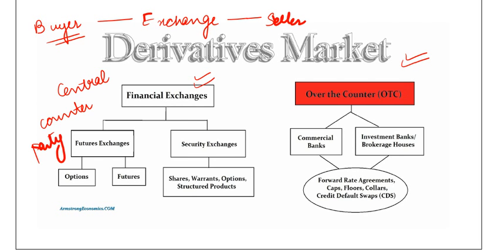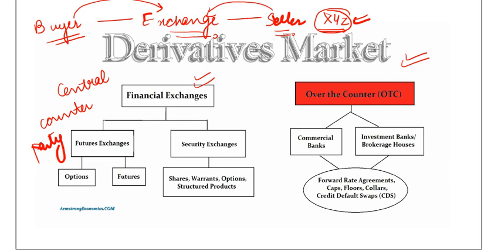The seller contacts the exchange saying he wants to sell a kind of derivative instrument, say XYZ. Let's not get into the technical terms, I will explain it in further videos. So this is a seller, and he wants to sell this instrument XYZ, and he approaches the exchange. Then there is a buyer who wants to buy the same instrument with the same maturity, everything the same, at the same price, and the exchange matches the demand and supply.